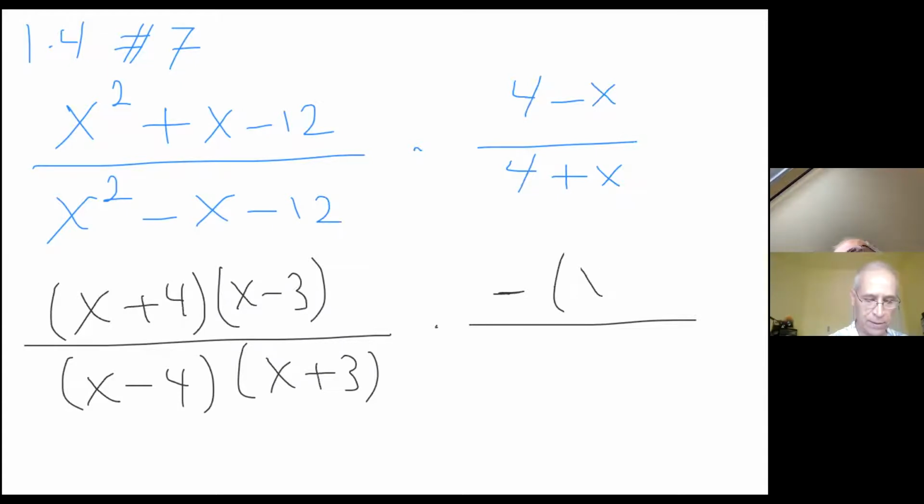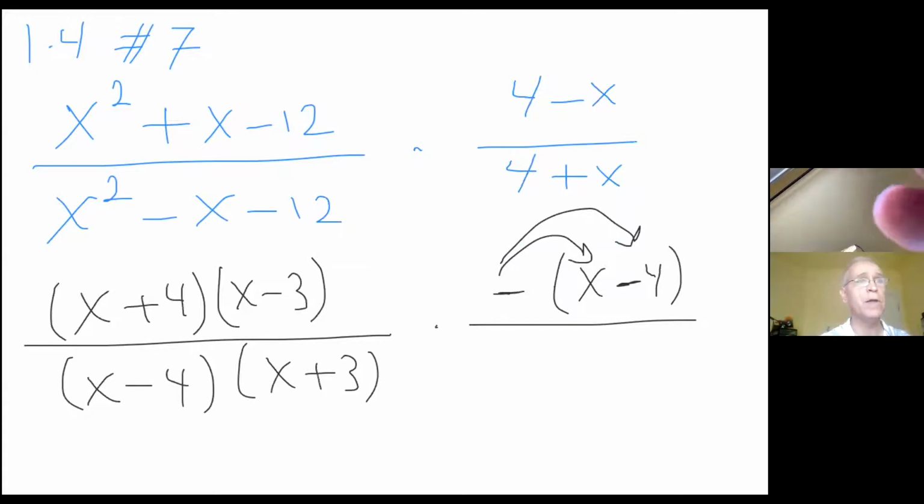So I have x minus 4. Notice that -1 times x gives me minus x, and -1 times -4 gives me positive 4. So, I didn't change anything. Over 4 plus x, which is the same as x plus 4.